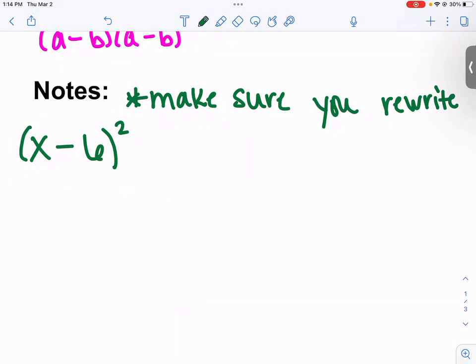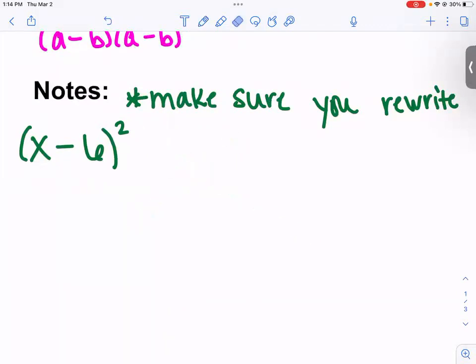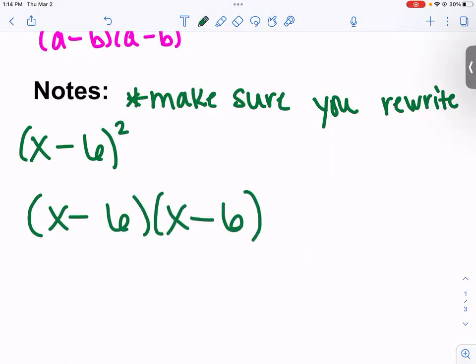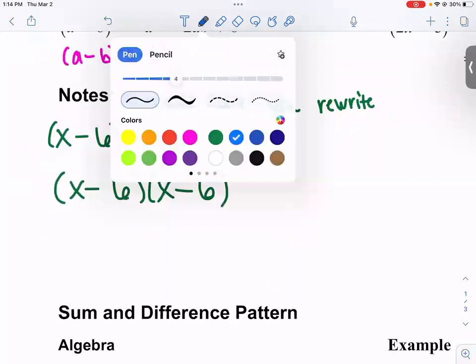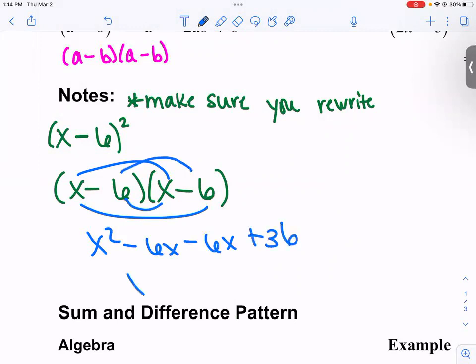This is x minus 6 times x minus 6. Because when we FOIL this, we get x squared minus 12x plus 36.